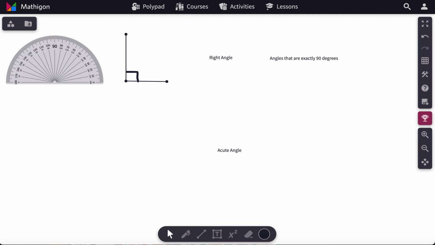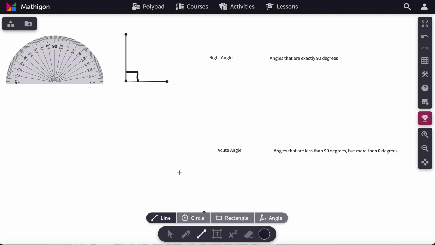Our second angle is called an acute angle, and these are angles that are less than 90 degrees but more than 0 degrees. And so let's draw one of these out together.